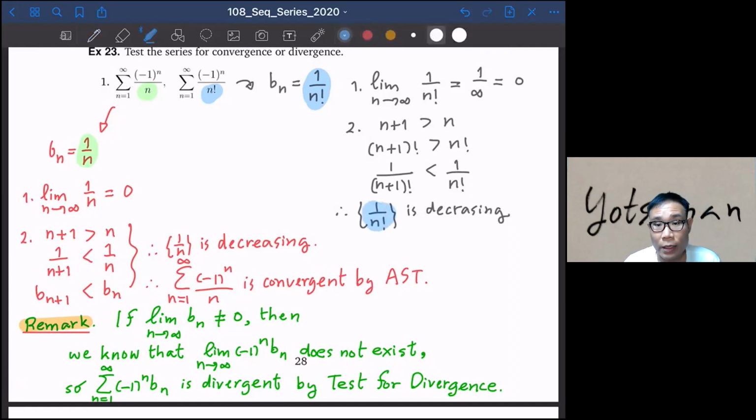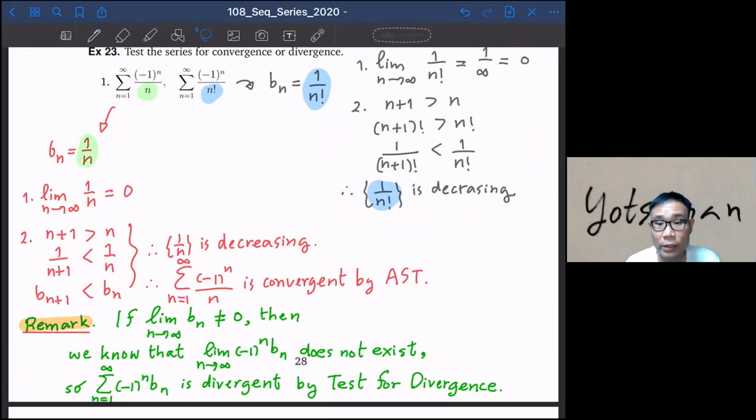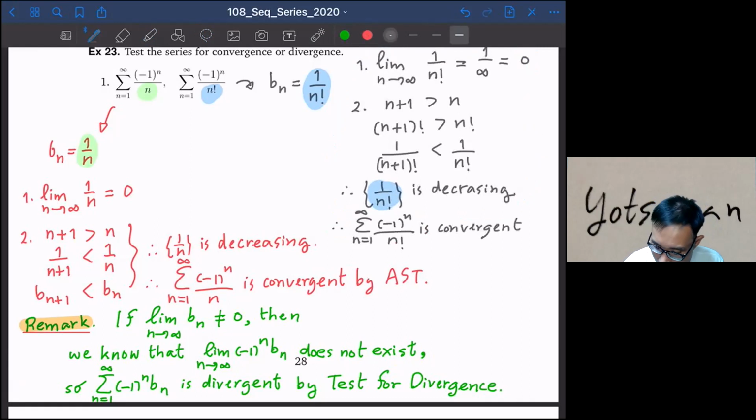And the conclusion is that your series will be convergent by the alternating series test. Okay, so this is what's called the alternating series test.